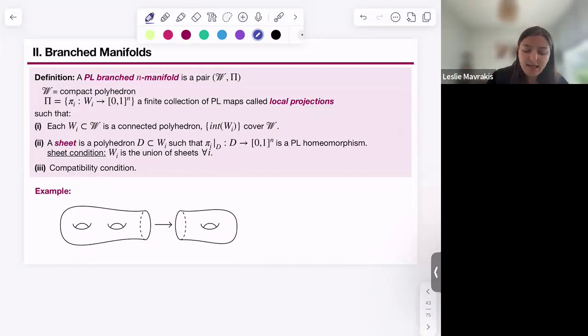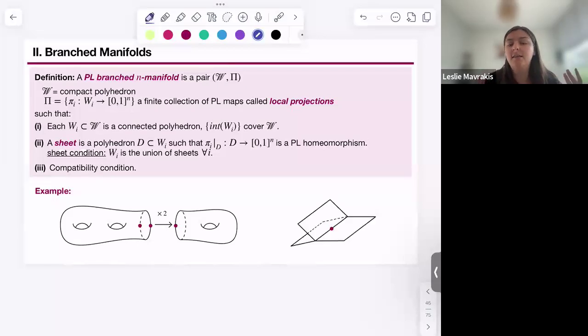But if instead I glue using a covering map, say a ×2 map, then I have 2 points on my left-hand side collapsing to 1. And if I take a little neighborhood of that and see what happens in the image, I get exactly this branch sheet structure.